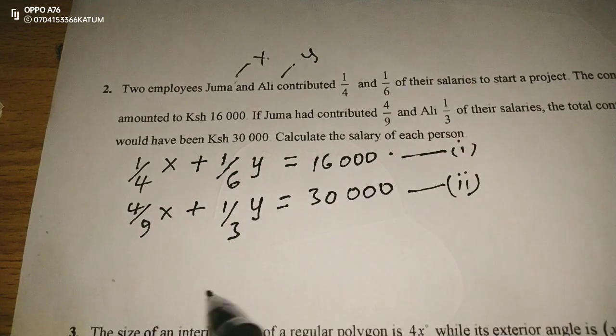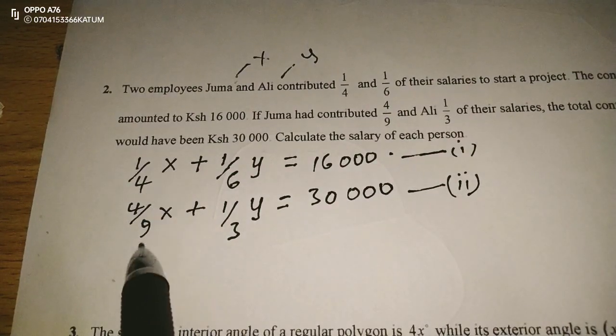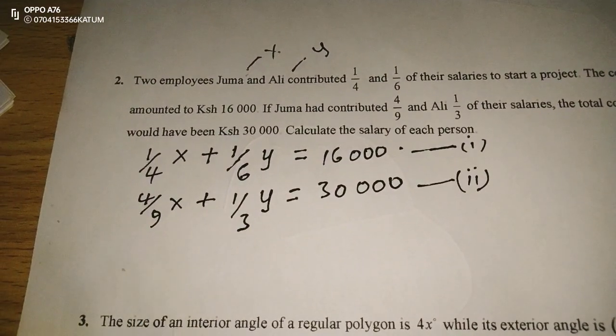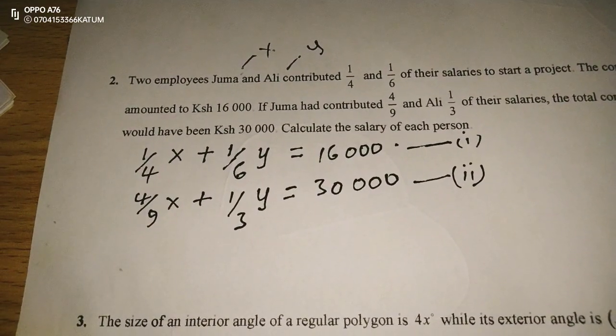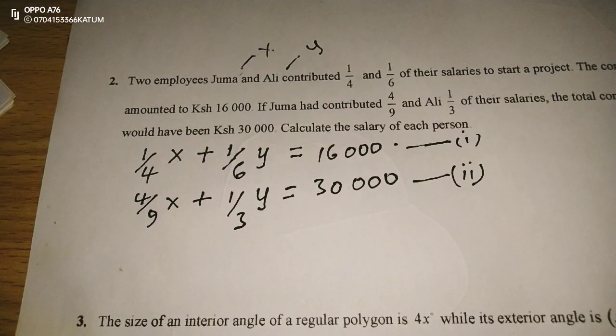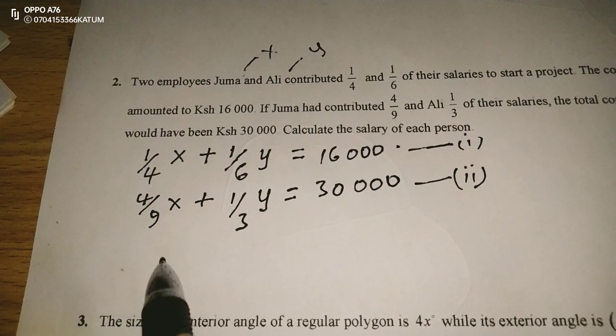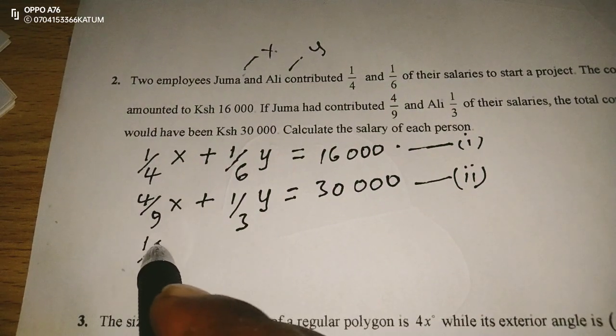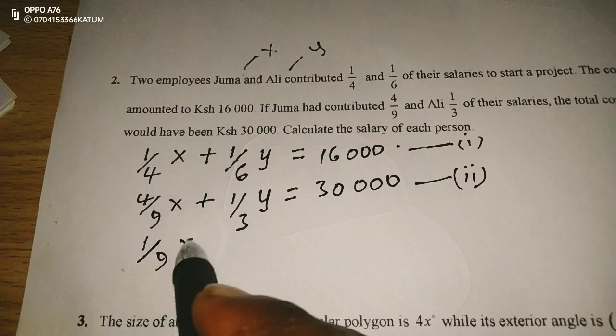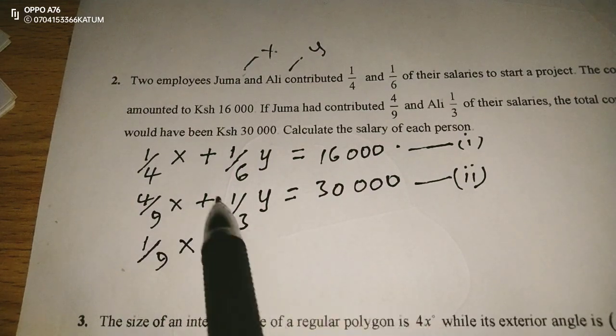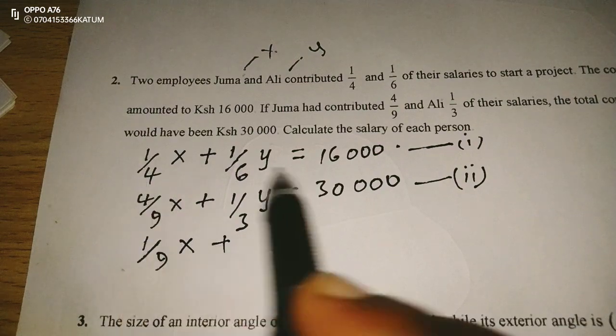So as the first equation gets multiplied with 4 over 9, the first one becomes 4 out of 9 times 1 out of 4, which gives us 1 out of 9 X. Then plus, remember I should multiply with 4 out of 9 all through.